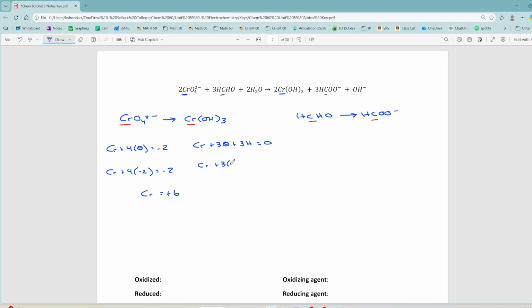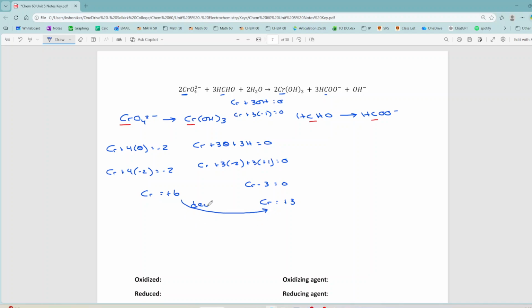So we've got 3 of the -2s, we've got 3 of the +1s, which is going to give you -6 + 3 is -3. And then you've got the charge on chromium being +3. And again, if I had done that as chromium and hydroxide, you'd have 3 hydroxides, and we know the charge on each hydroxide is -1. So again, you would get chromium is equal to +3. It doesn't matter. But for this one, we've gone from +6 to +3.